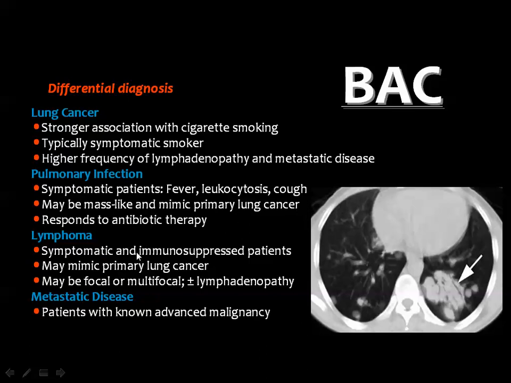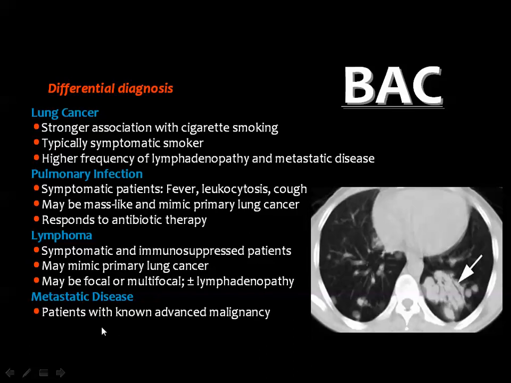Lymphoma: there is a great overlap between bronchoalveolar carcinoma and lymphoma, because lymphoma may present as a patchy opacity with internal air bronchogram similar to a pneumonic consolidation, usually seen in immune suppressed patients, and is usually multiple and usually associated with lymphadenopathy.